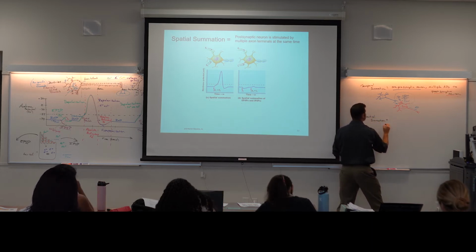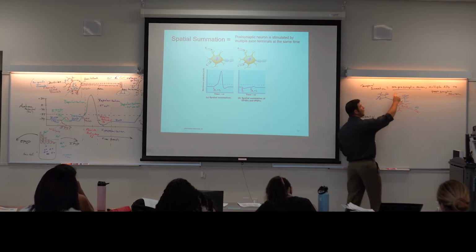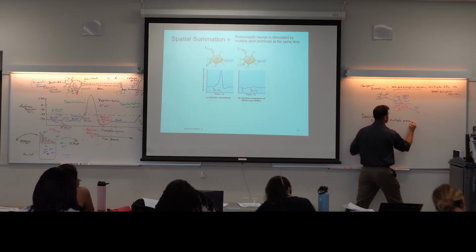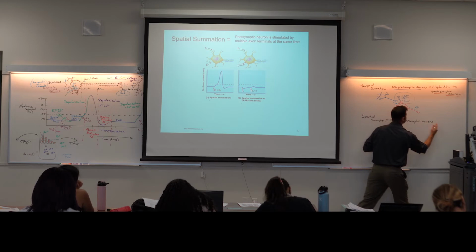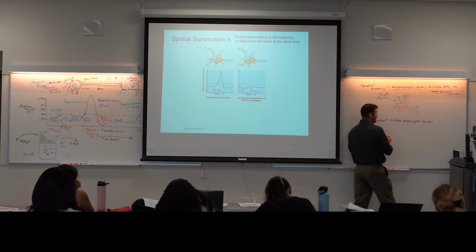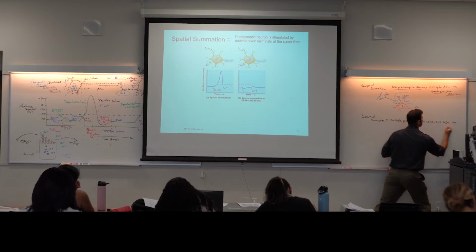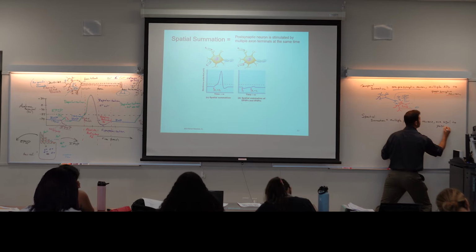In spatial summation, we can define it as there are multiple presynaptic neurons, and they each send one signal to a postsynaptic neuron.